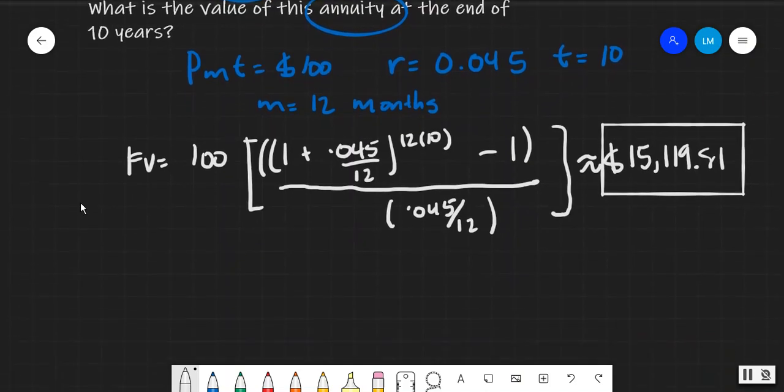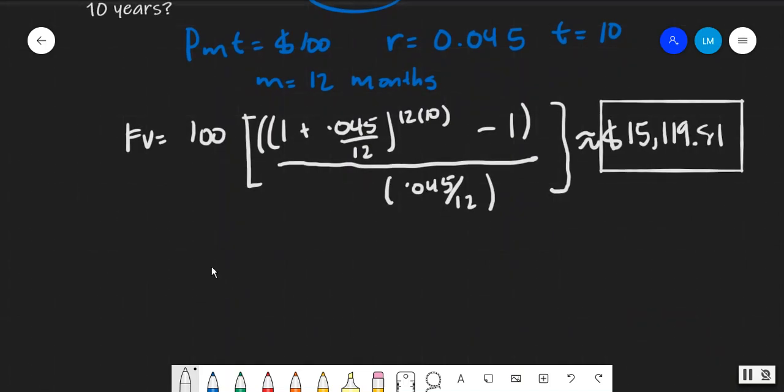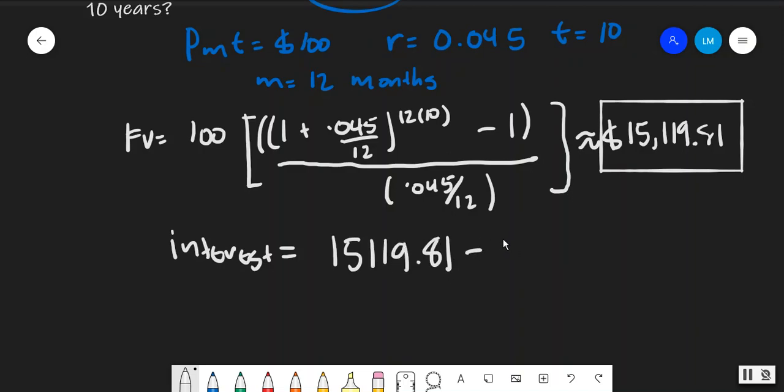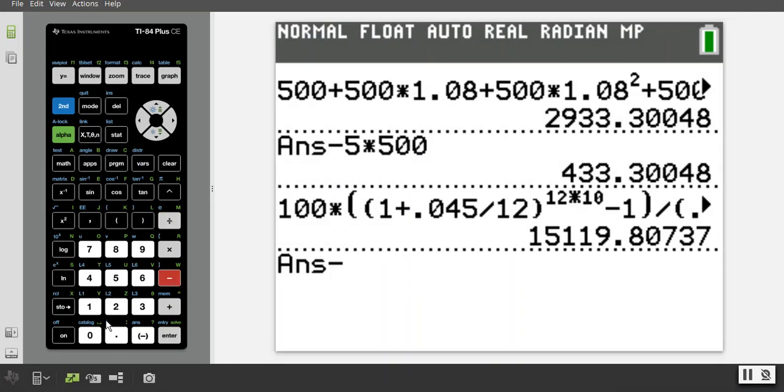So in this case, if you wanted to know the interest that was paid back or earned, it's basically just going to be the future value amount, so 15,119 and 81 cents, minus how many payments were made. So you deposited $100, 12 times a year for 10 years. So you basically take this amount, subtract the 100 multiplied by the 12 payments times 10 because you did it for 10 years.